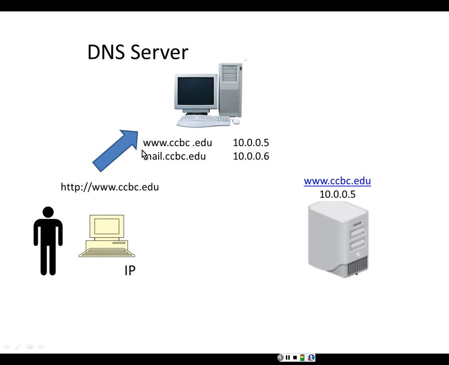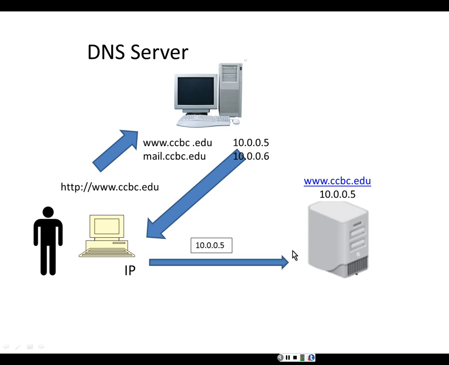The DNS server has host records. Host records list the name of the web servers and their corresponding IP addresses. So the DNS server sends the IP address of the CCBC web server down to the local workstation, and now the IP protocol sends a packet to that IP address at 10.0.0.5.